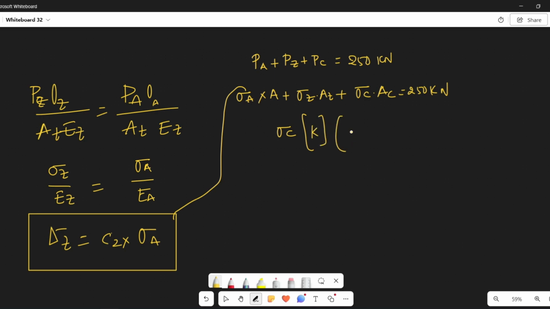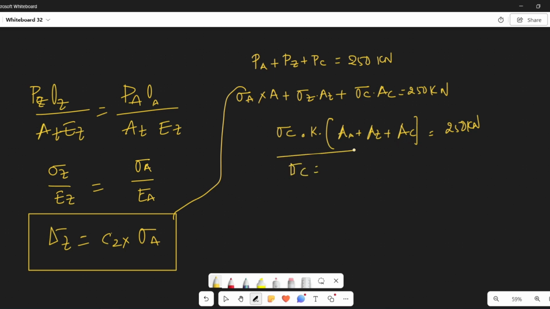Then multiplied by that, and these areas were given as 500, 700 and 1000, right?